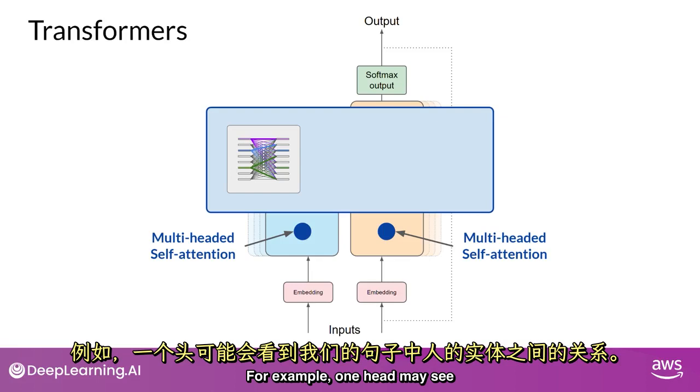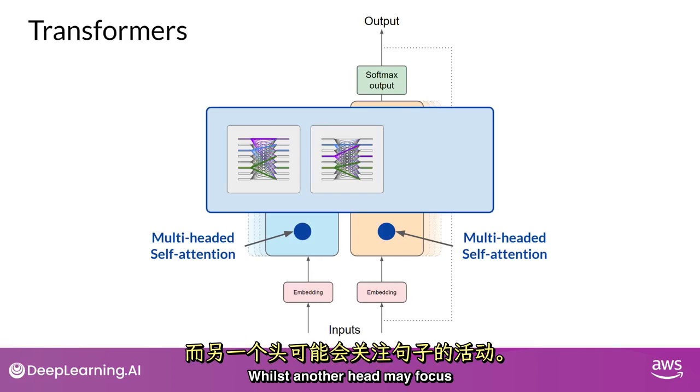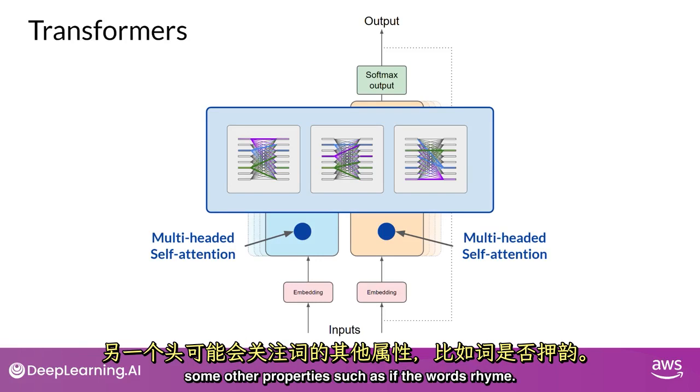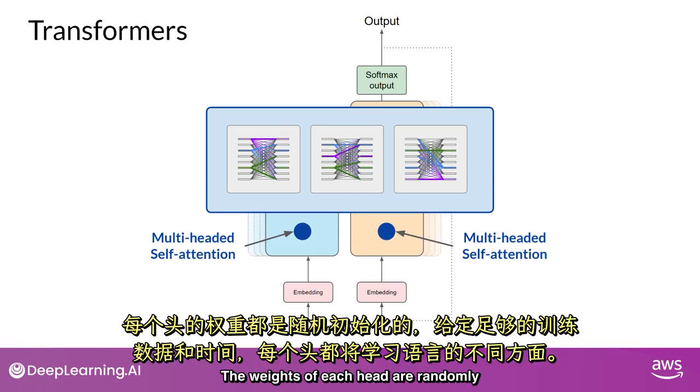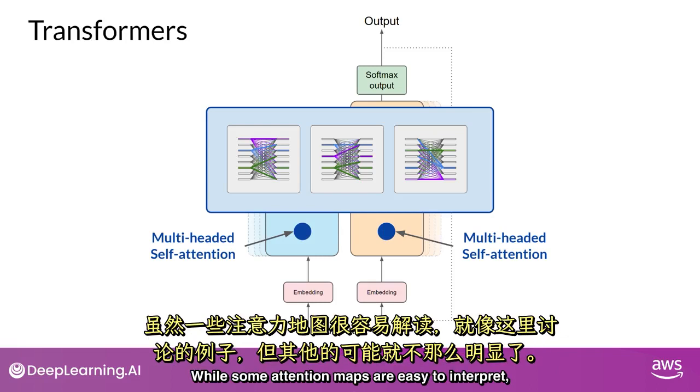For example, one head may see the relationship between the people entities in our sentence, whilst another head may focus on the activity of the sentence, whilst yet another head may focus on some other property, such as if the words rhyme. It's important to note that you don't dictate ahead of time what aspects of language the attention heads will learn. The weights of each head are randomly initialized, and given sufficient training data and time, each will learn different aspects of language. While some attention maps are easy to interpret, like the examples discussed here, others may not be.